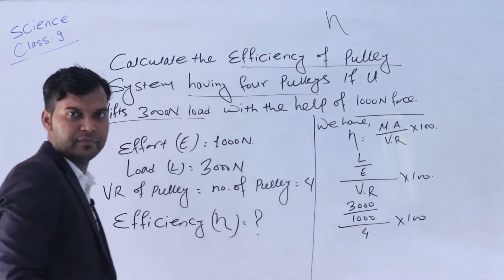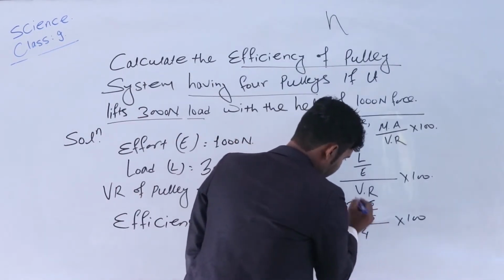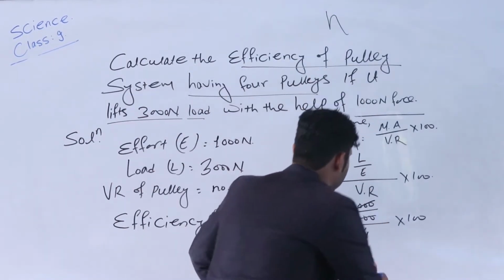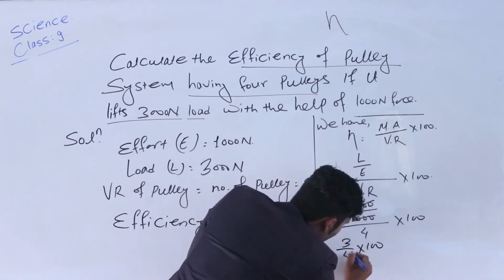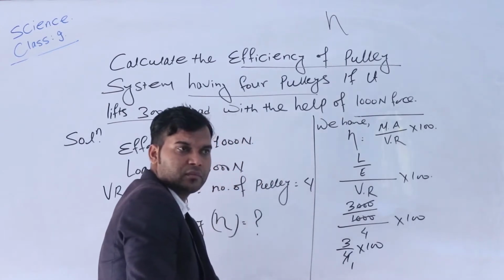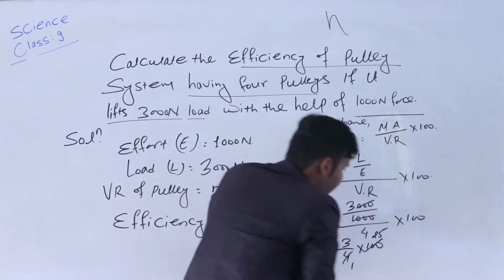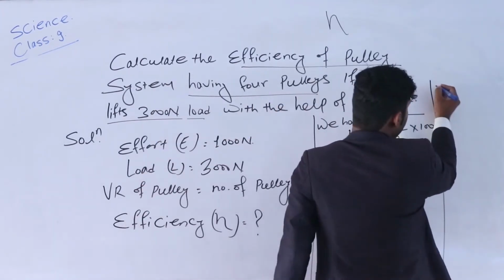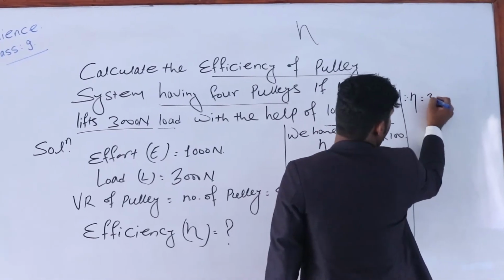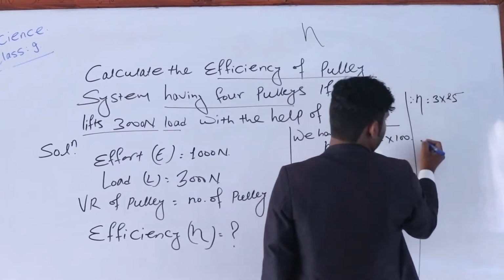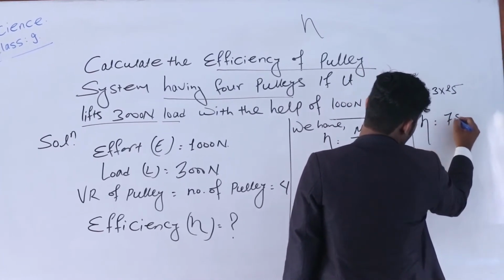So 3 upon 4 into 100. 100 divided by 4 is 25, therefore efficiency is equal to 3 into 25, 3 multiplied by 25, hence 75%.